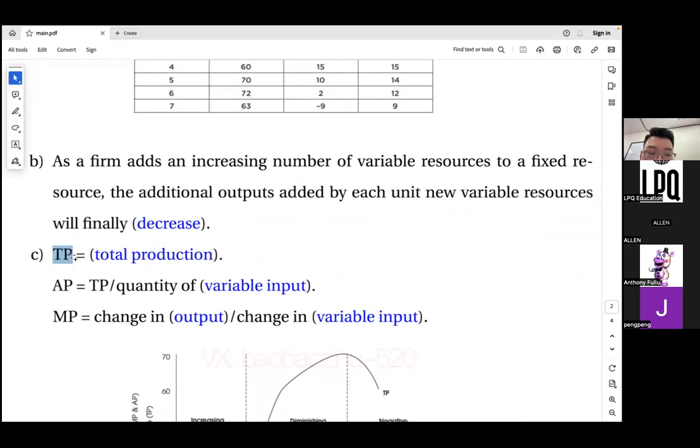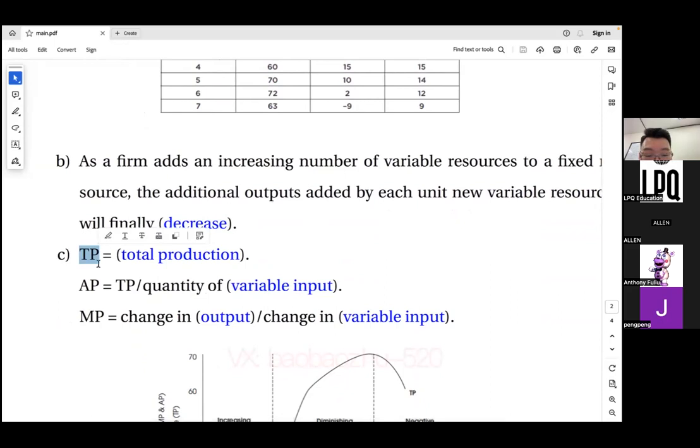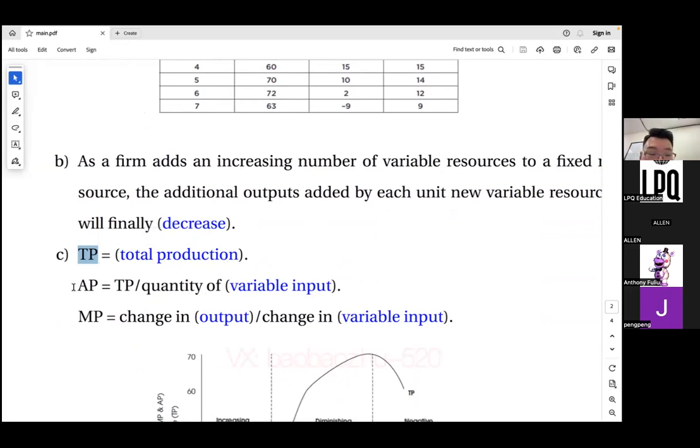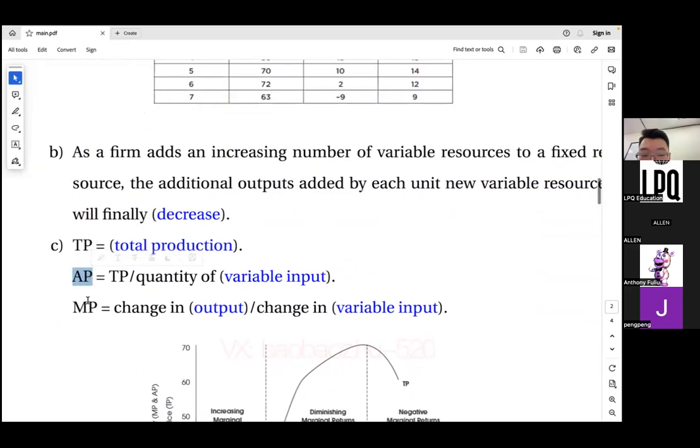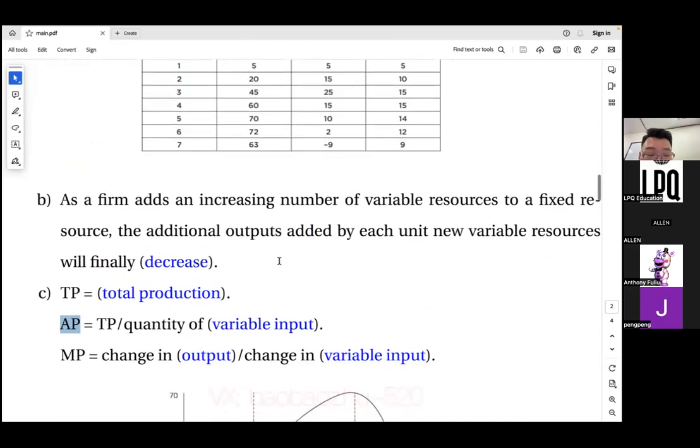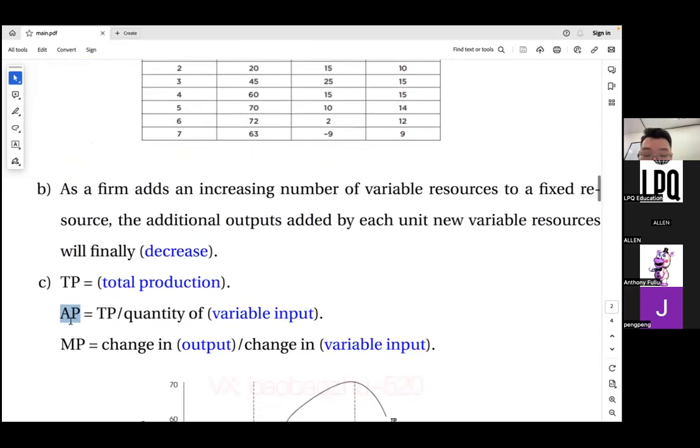You just use TP. It is easier to use TP to represent total production. AP means average production. We learned from this table how to calculate AP: AP equals total production divided by quantity of a variable input.